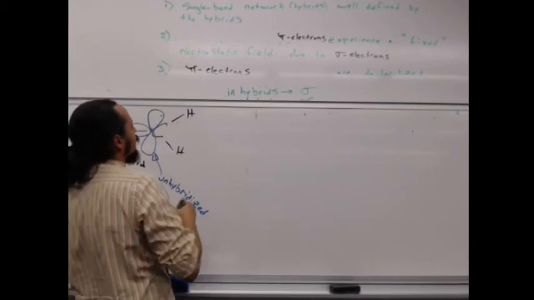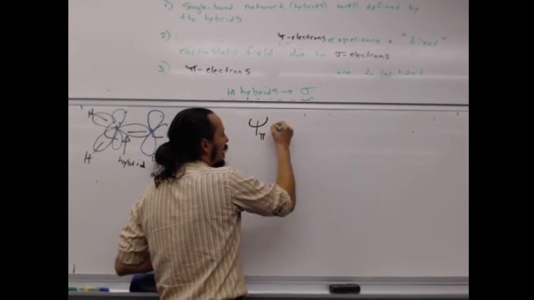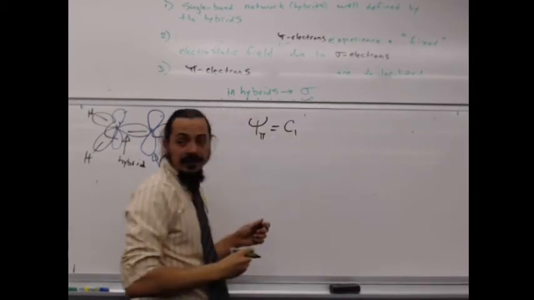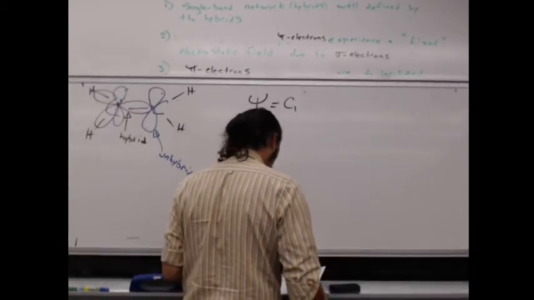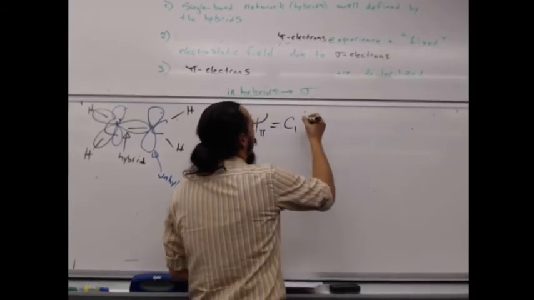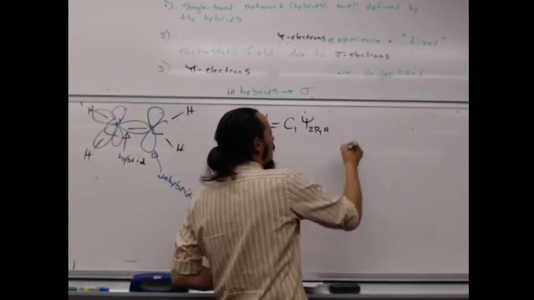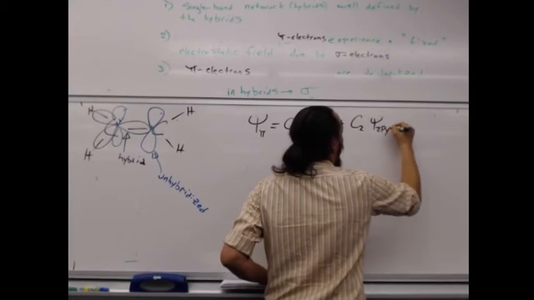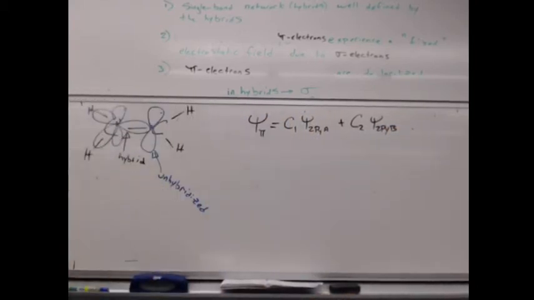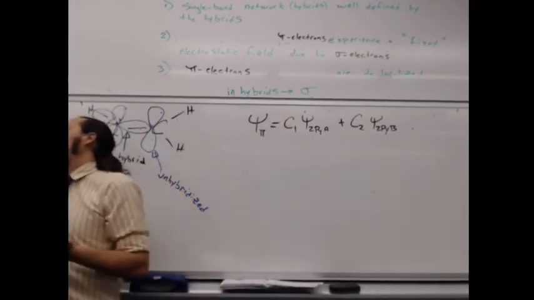That is to say, we can look at this and we can essentially get psi for the pi electrons is going to be equal to some constant 1 times psi 2py on carbon A plus some constant 2 times psi 2py on carbon B. This looks exactly like the problem we did last time, except now we have p orbitals instead of s orbitals.